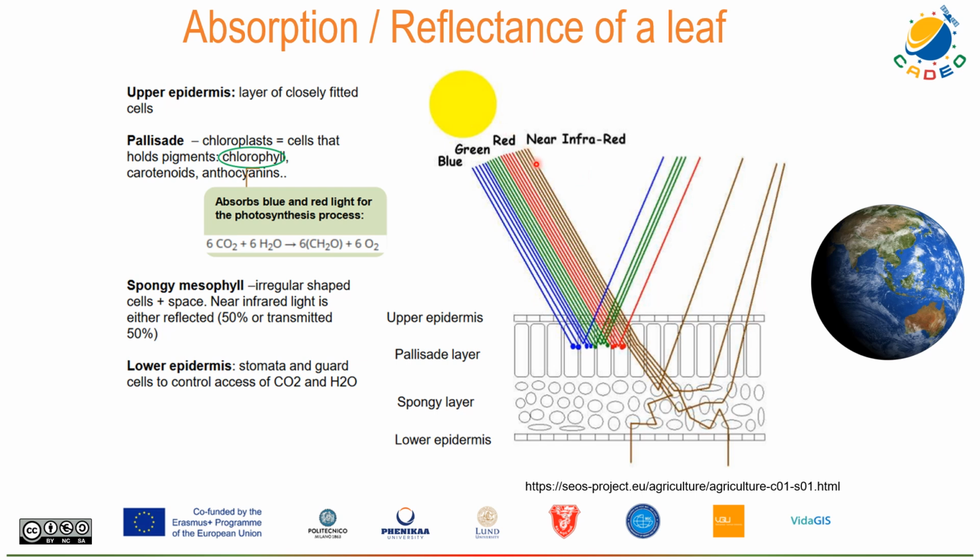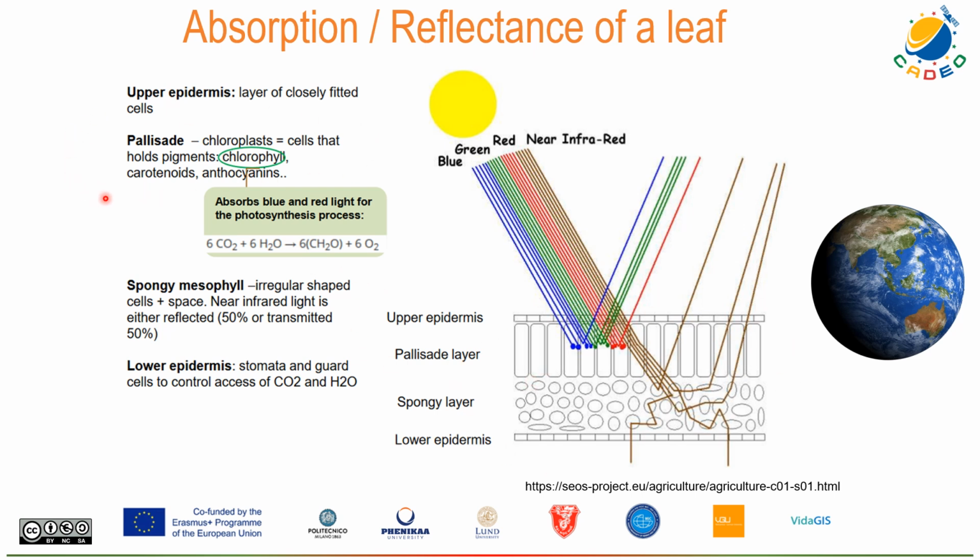The near-infrared parts of the spectrum, as we said in the earlier slide, is mostly reflected. It penetrates through the leaf down to the spongy layer of the leaf, and there some are actually transmitted through the leaf and some are reflected up back towards the sky, and then we measure that radiation. So we have different parts in the leaf.